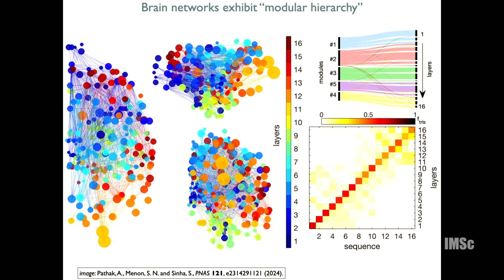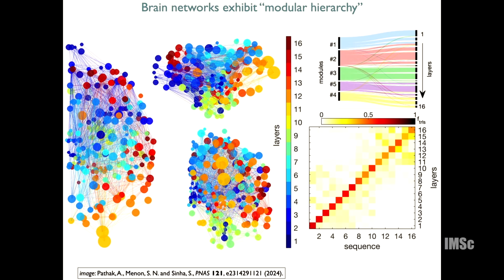And it turns out that we take the same network that we had looked at earlier, and we just say, okay, does it have a hierarchical structure? And it turns out that for this particular network, yes, it does also have a hierarchical structure. In fact, it has a bunch of layers.